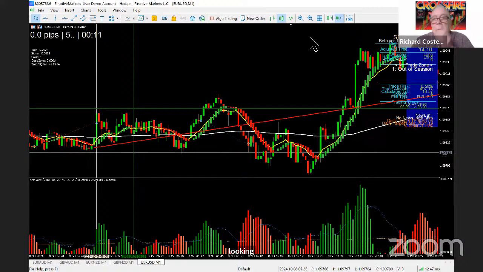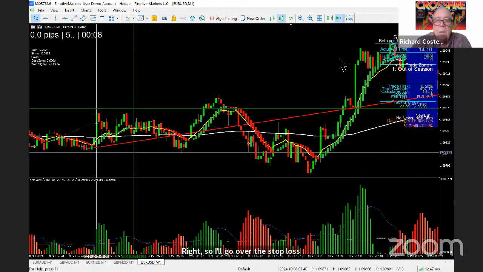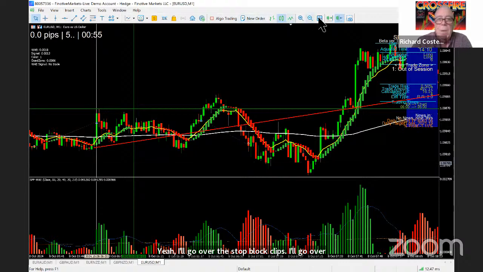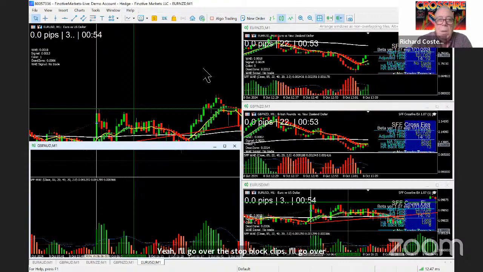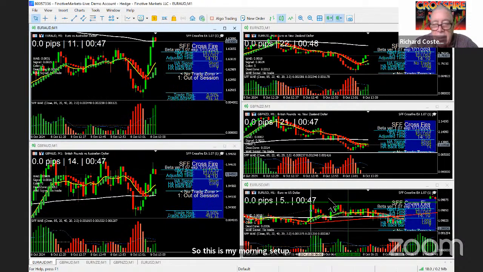Right, so I'll go over the stop loss pips. So I'm on Euro USD. This is my morning setup, and I'm looking at Euro USD down here.